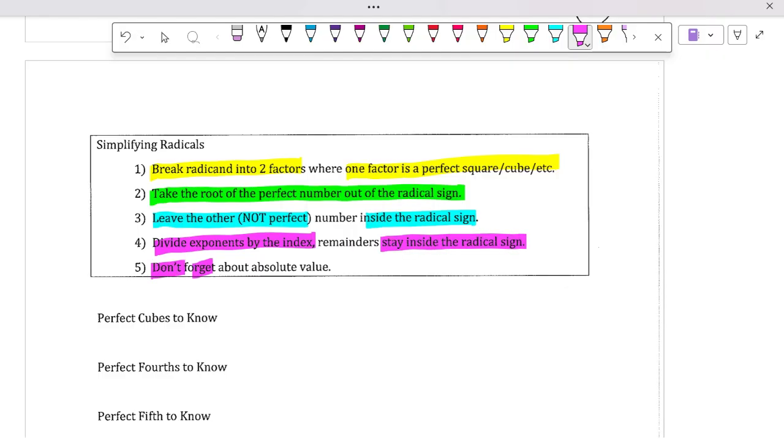And don't forget about absolute value. So what that means, all that means is that with odd indexes, you can have a negative value or a negative root.